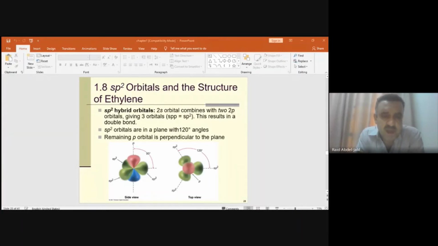Now, for the ethene, as you can see here, we do have carbon double bond carbon. In this case, let me just use another program, maybe it's even more clear. I'll just open it up in another program.